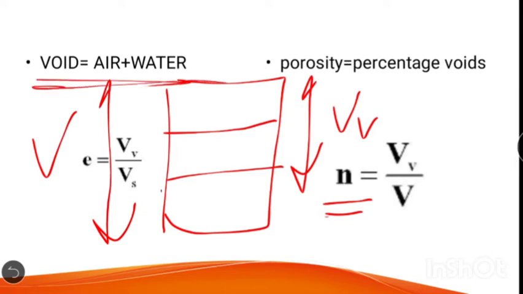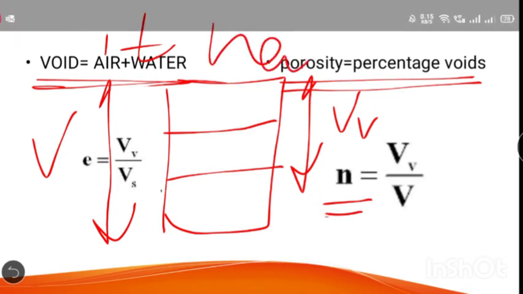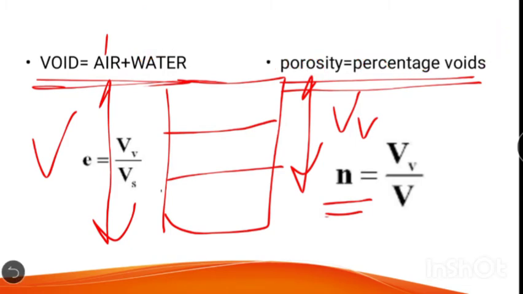Friends, these are both ratios, so they have no unit. I hope void ratio and porosity are clear to you. Void ratio is the volume of void to the volume of solid. Porosity is the volume of void to the total volume.